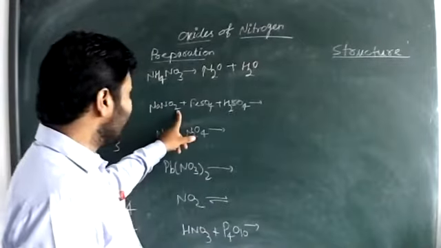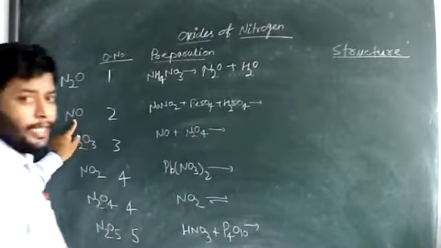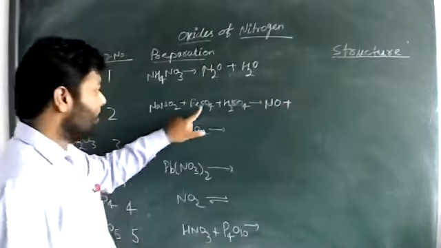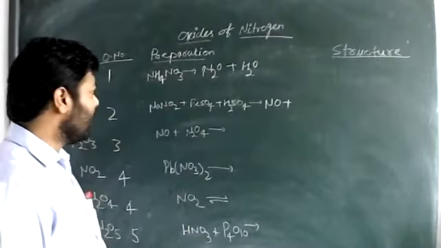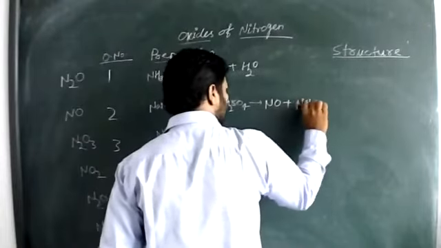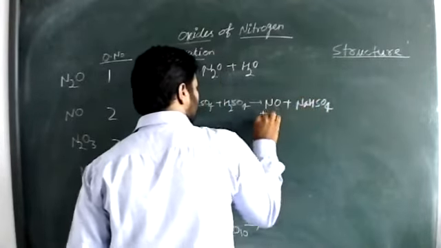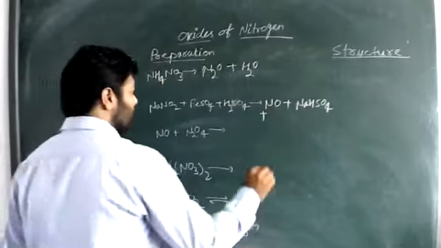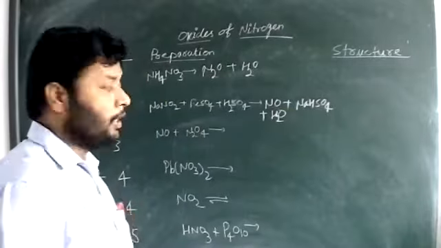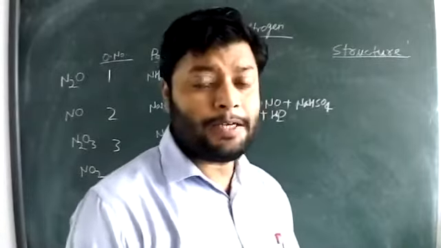Reaction of sodium nitrite, ferrous sulfate, and sulfuric acid. One product will be nitric oxide. The other products will be sodium bisulfate, and water is also formed. And what will be the next product? Anyone?